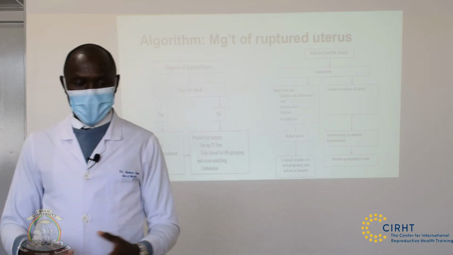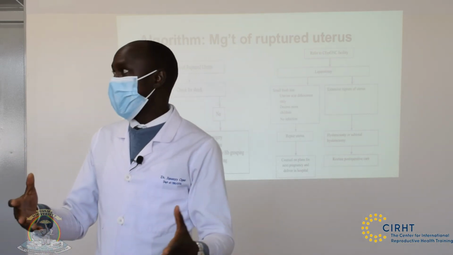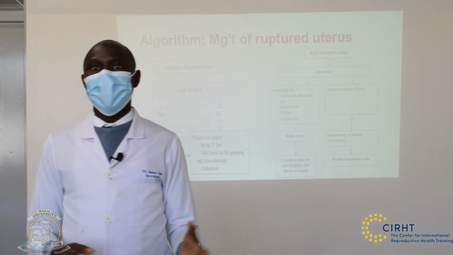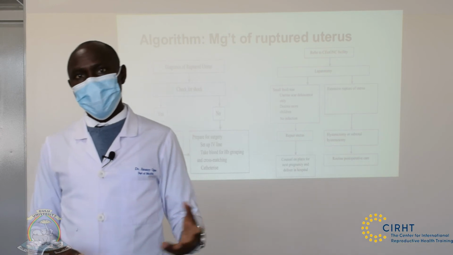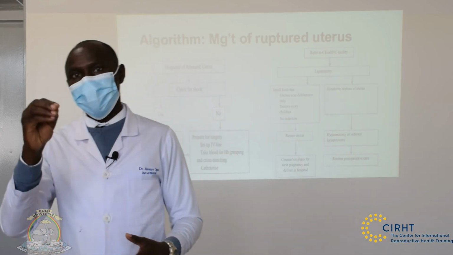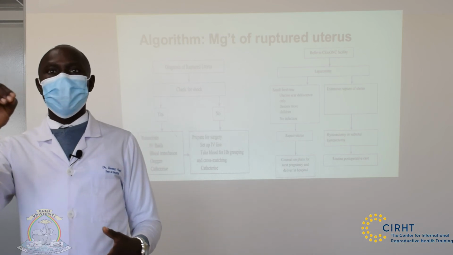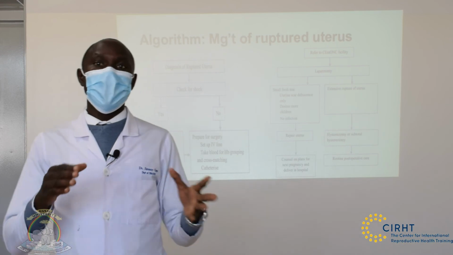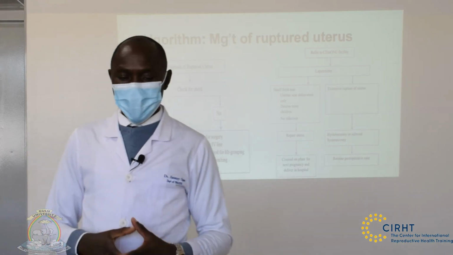You do hysterectomy. And here, depending on the skill of the clinician, you can either do hysterectomy type 1A or type 1B. 1A being supracervical hysterectomy, where you remove only the body of the uterus, you leave the cervix. Or you can do total abdominal hysterectomy, where you remove both the cervix and the body of the uterus.